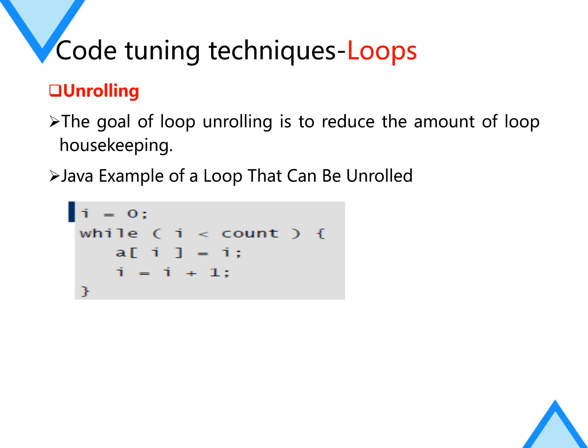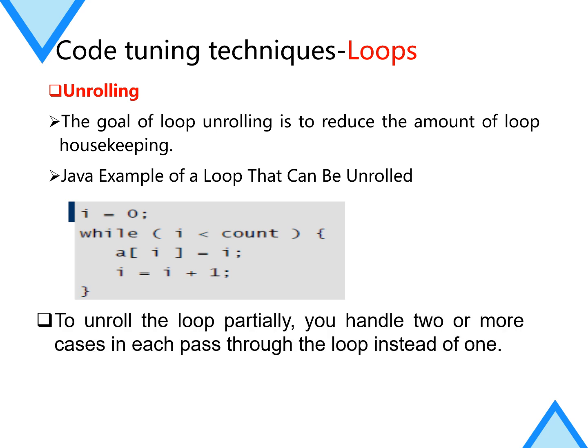Inside the body we are assigning the I value to a[I], and then we are incrementing the loop. So the loop is running up to the count. Count means the maximum number of times the loop runs. So we can reduce the loop by 1.